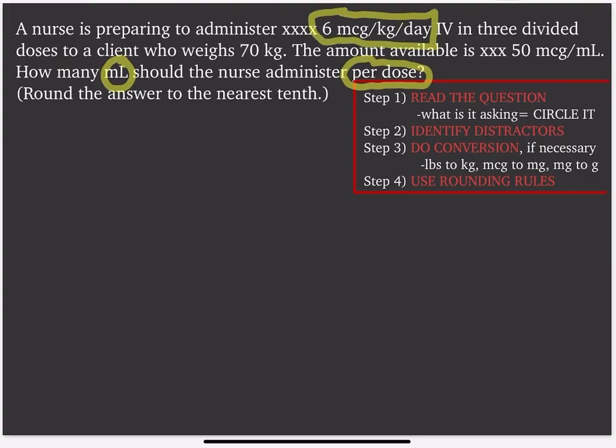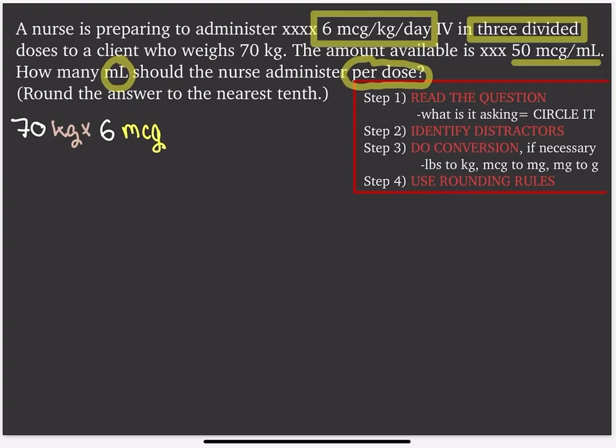So set your hub up. It's going to be 6 micrograms for every kilogram for every day. 3 divided doses. We're going to use the available on hand because they're asking how many mLs. And we're going to use the weight of the patient. So it's going to be 70 kilograms times 6 micrograms, because there's 6 micrograms per kilogram of weight.